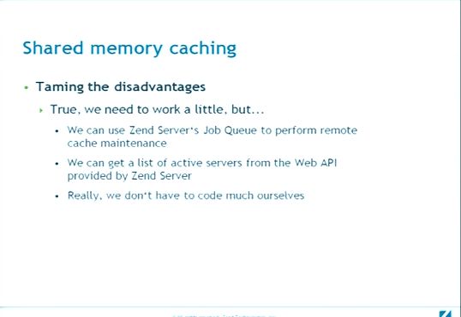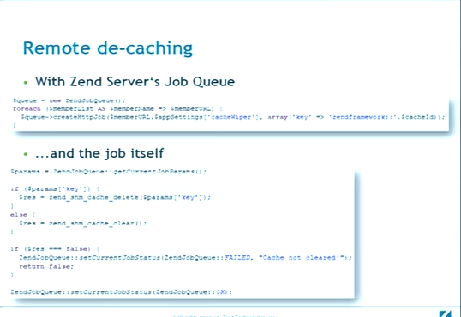So in actual fact, the amount of code that you have to maintain to effectively have such a distributed cache is very small. How small? It's that small. It's a bit of a lie, because the web API call is not in there. But in essence, that's the amount of code that I needed to write to maintain my cache.